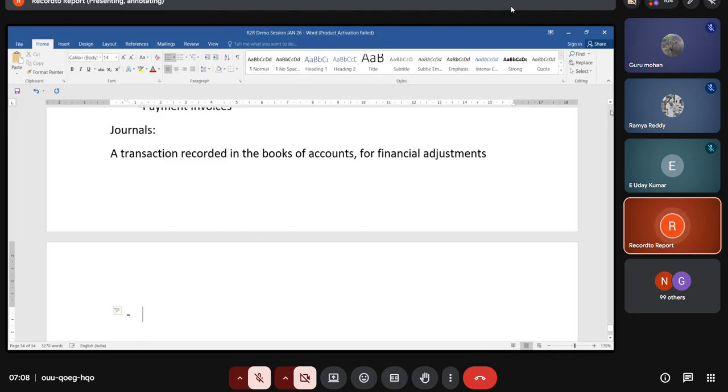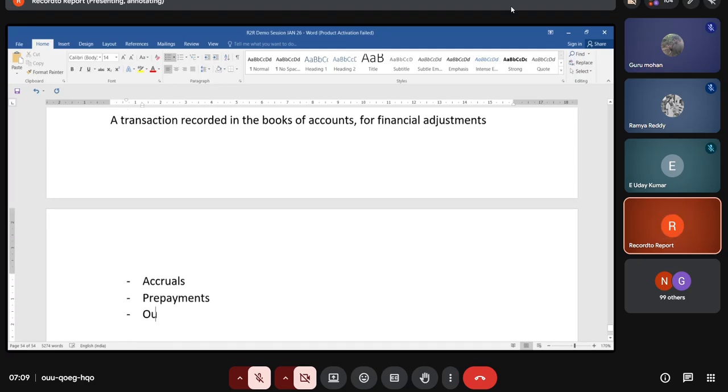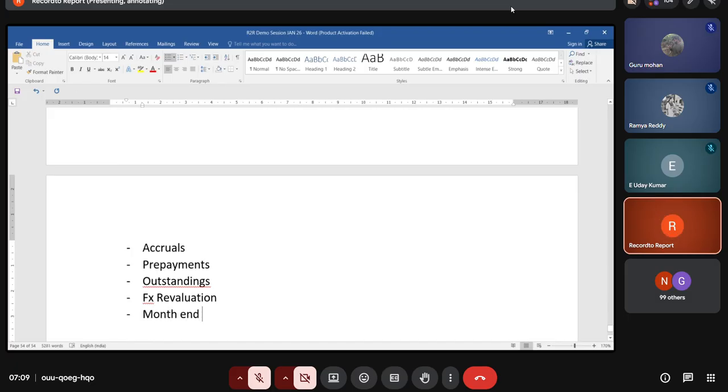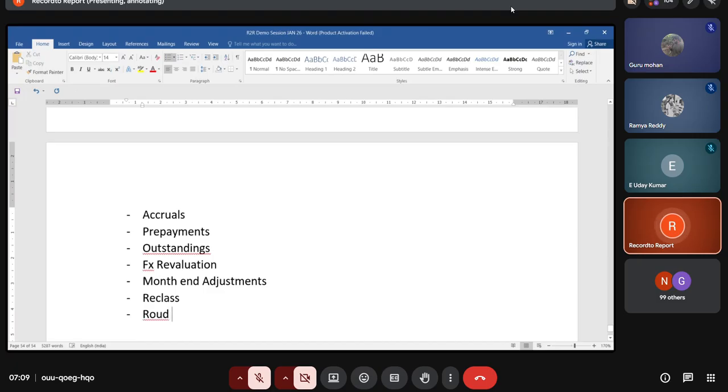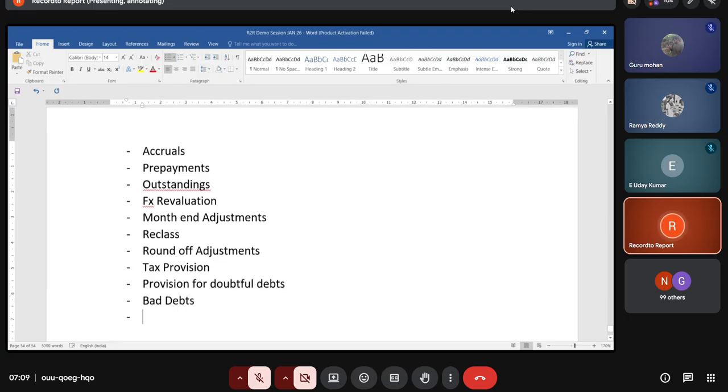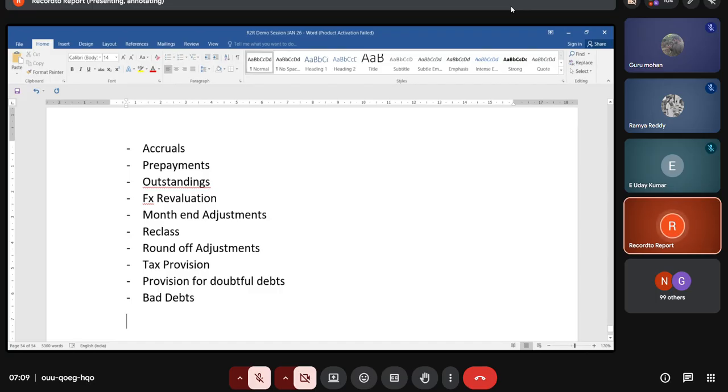For example, journals are accruals, prepayments, outstandings, FX revaluation, month-end adjustments, reclass, round-off adjustments, tax provisions, provision for doubtful debts, and before that, bad debts. So these are the various adjustments in every business.